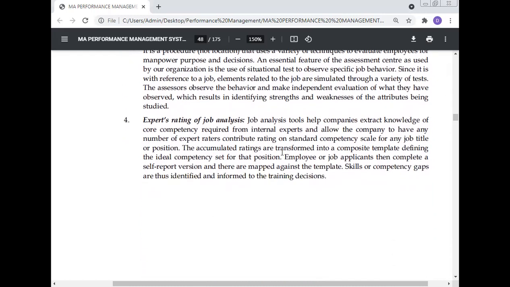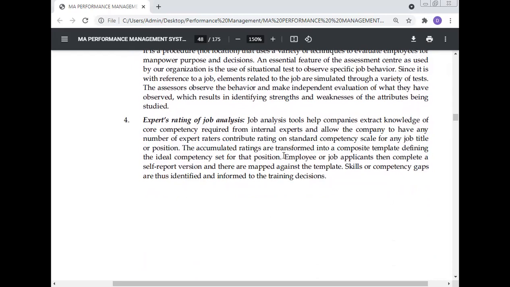Expert rating of the job analysis. Job analysis tools help the company extract knowledge of core competencies required from the internal experts and allow the company to have any number of experts later contribute ratings on the standard competency scale for any job title or position.